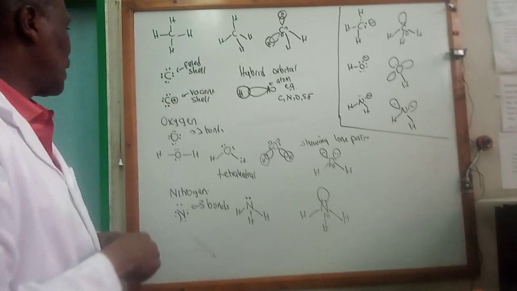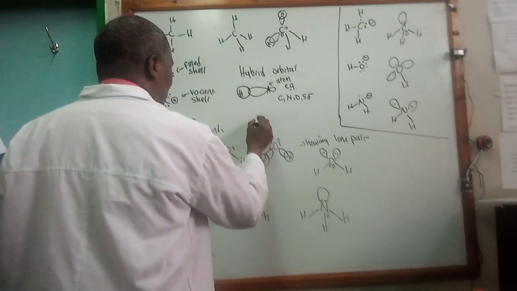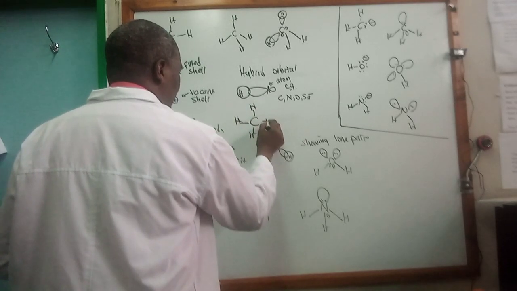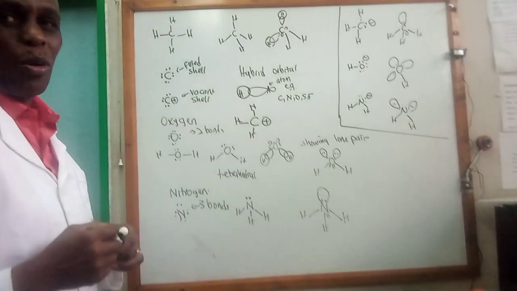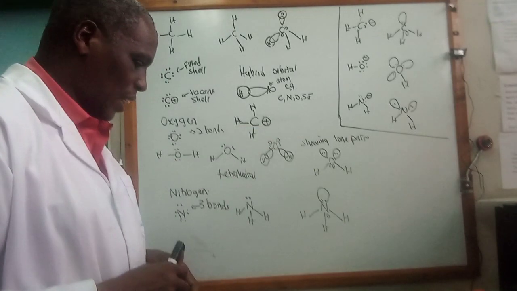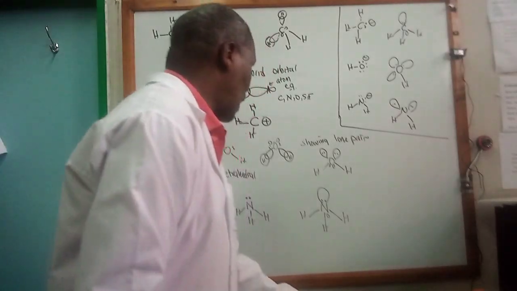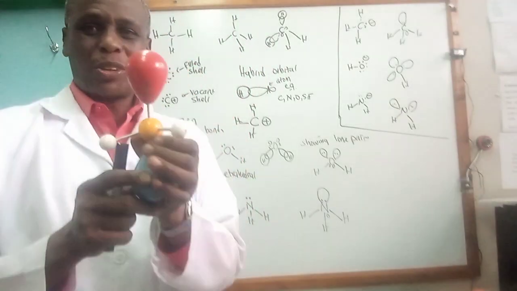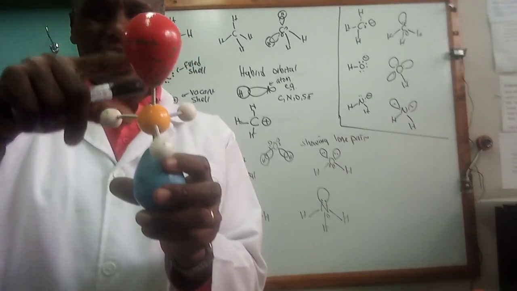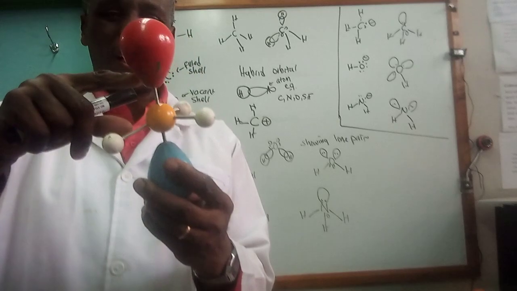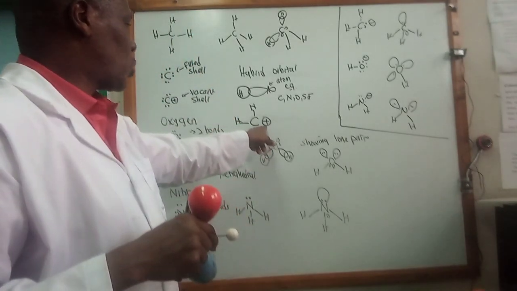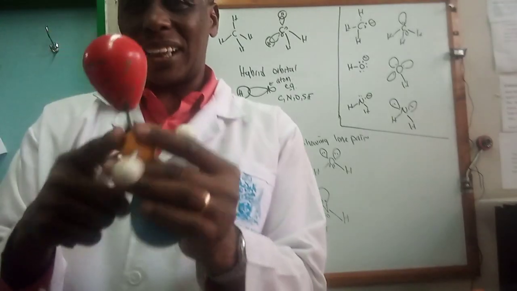For example, I can illustrate carbon here with a hydrogen, a hydrogen, a hydrogen, and then a plus here. That is a carbocation. The red and the blue are shown as the sides of the orbital. So a carbocation is flat.